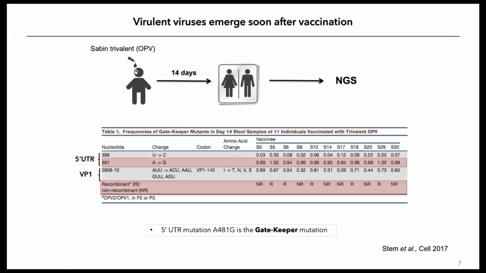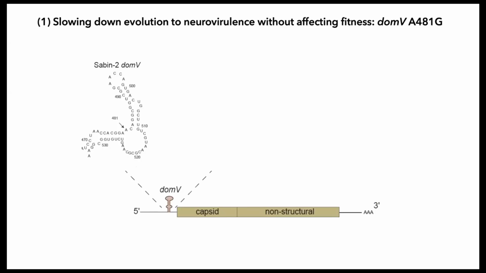So based on this sort of analysis and previous analyses as well, we hooked up together with Andy McAdam to see whether we could slow down the evolution of the virus. And so there are 3 steps to understand the molecular basis of these more genetically stable strains, what we call the new OPVs.